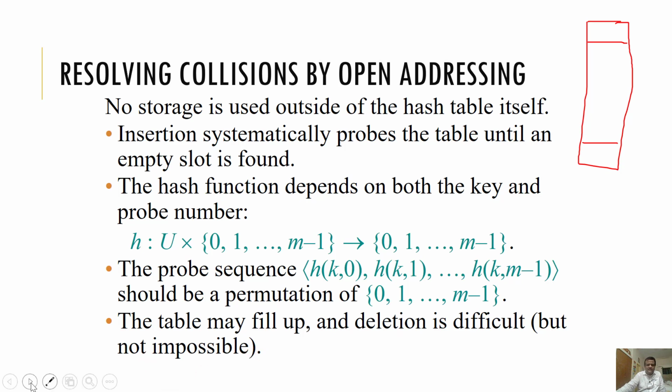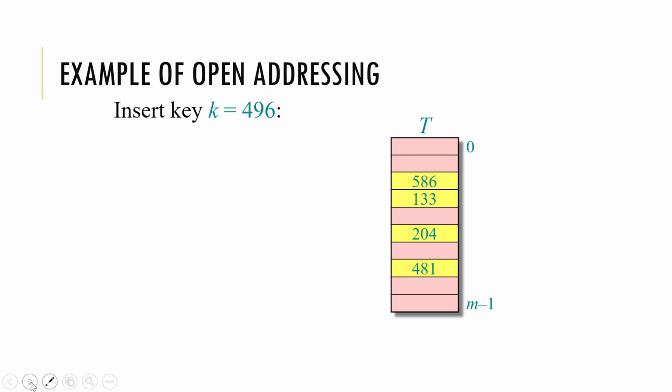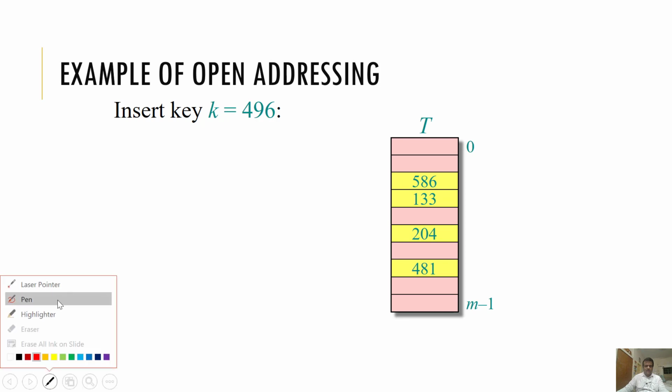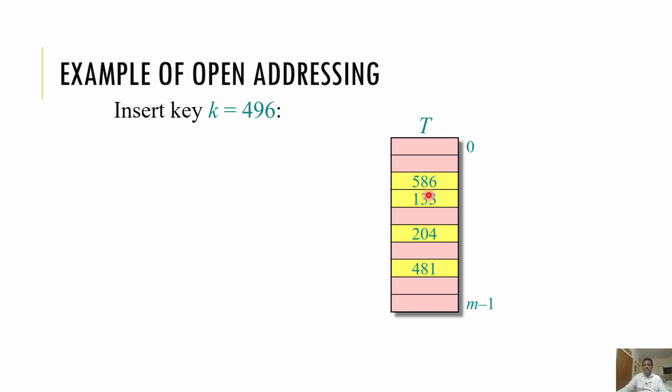So first let us take an example of open addressing. Suppose this is the current table, and we have some keys already inserted there. Now suppose we want to insert a new record whose key value is 496, and these are the records already in the table.